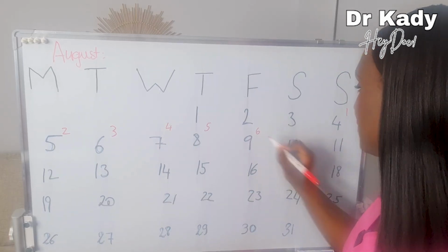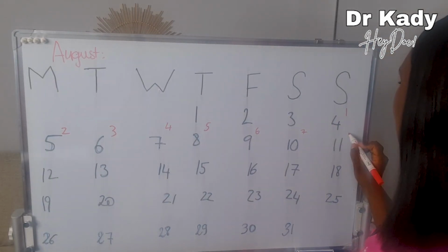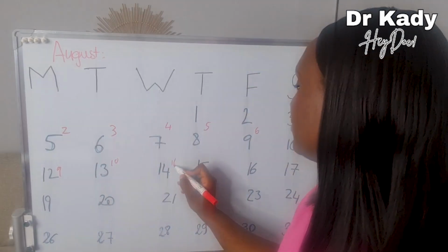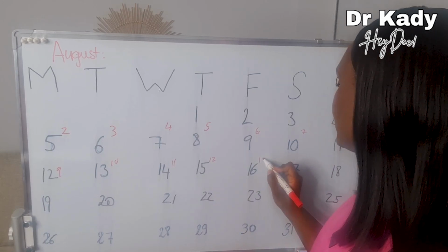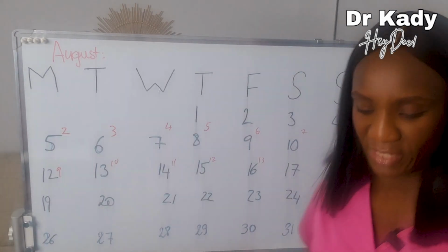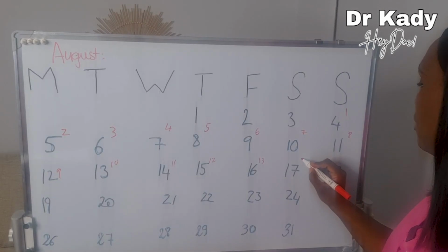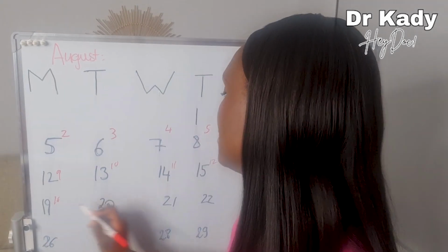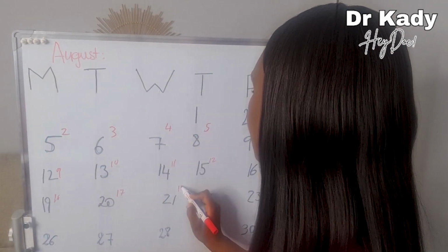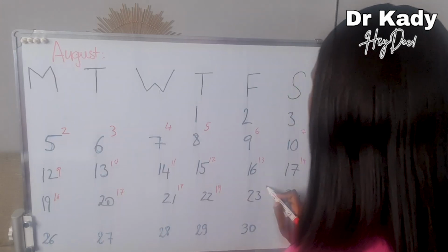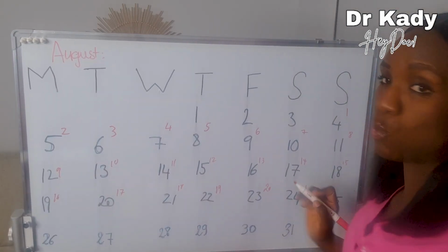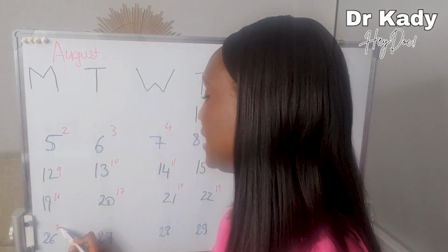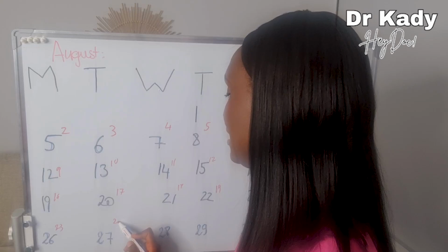So this is day 6, day 7, day 8, day 9, 10, 11, 12, 13, 14, 15, 16, 17, 18, 19, 20, 21, 22, 23, 24.